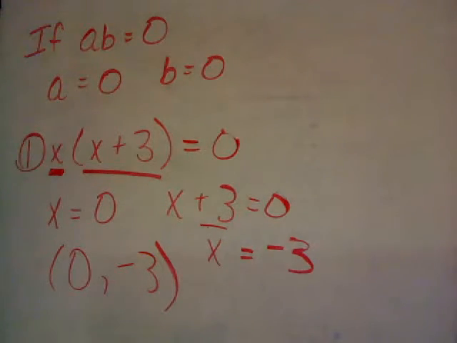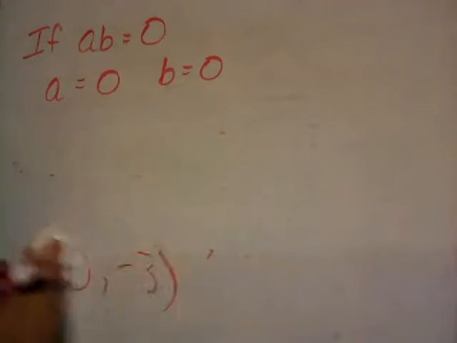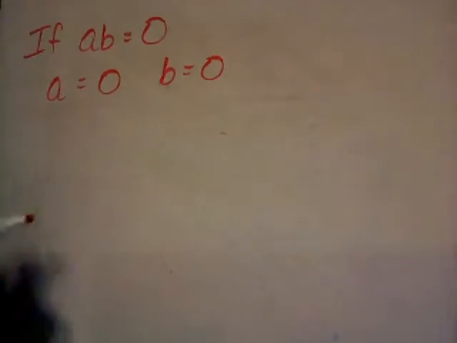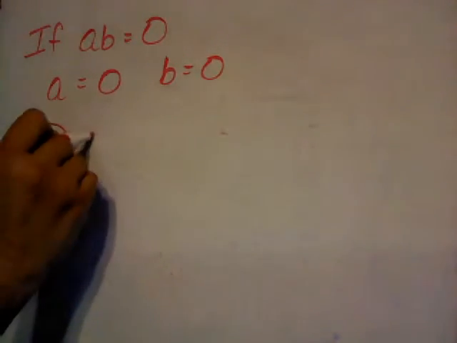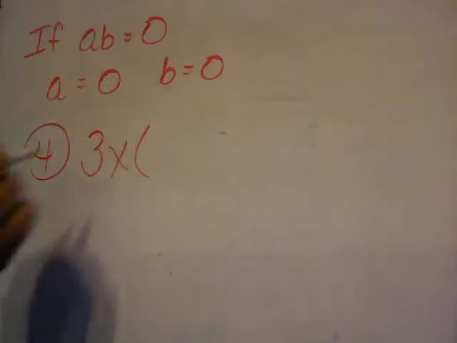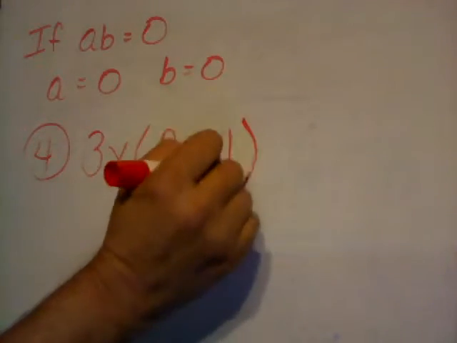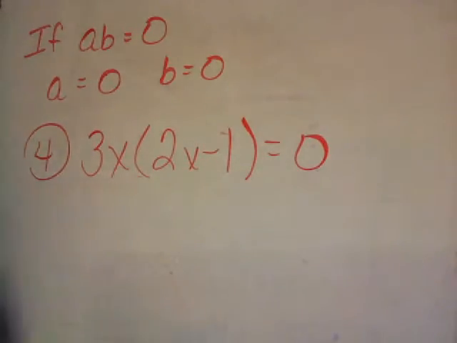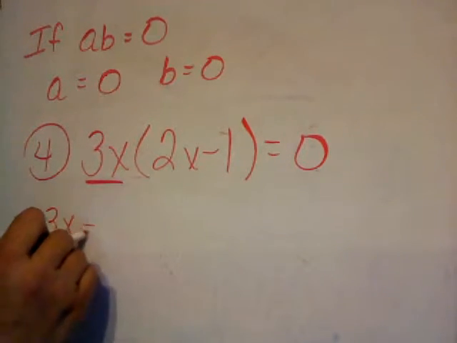Okay. Let's look at number 4. Number 4 says 3x times 2x minus 1 equals 0. So I can take my a part and set it equal to 0.